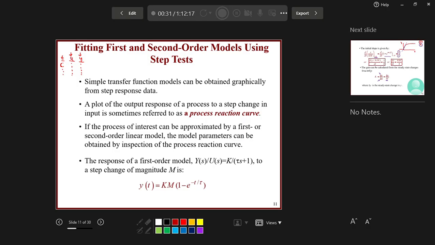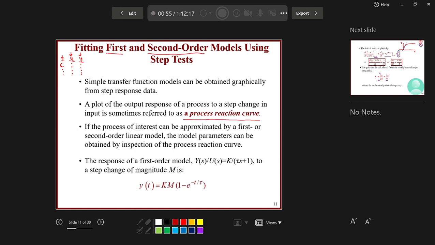So we will start modeling the data using simple models. We will start with the most used models, which are the first and second order transfer function models. And the fit for the data can be obtained by using what's called a process reaction curve.